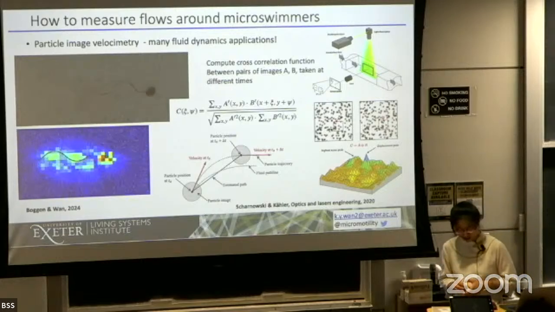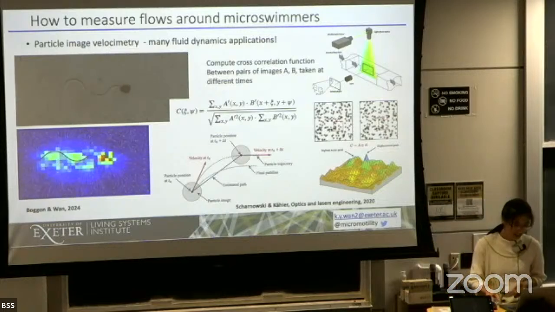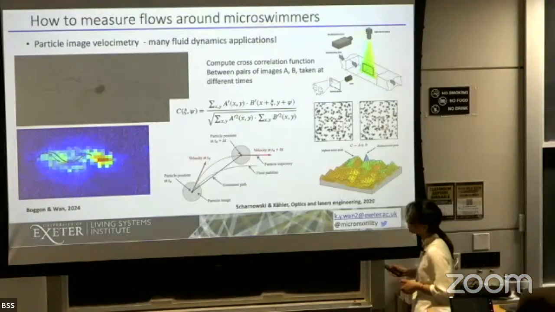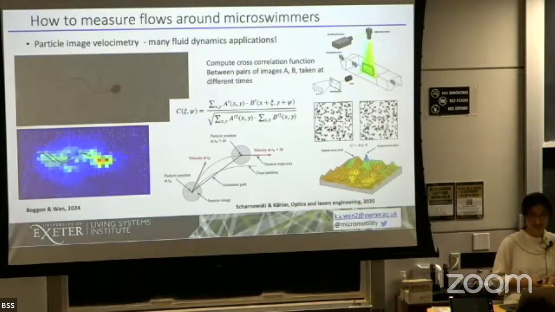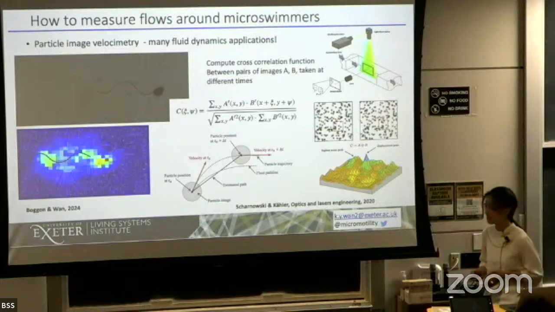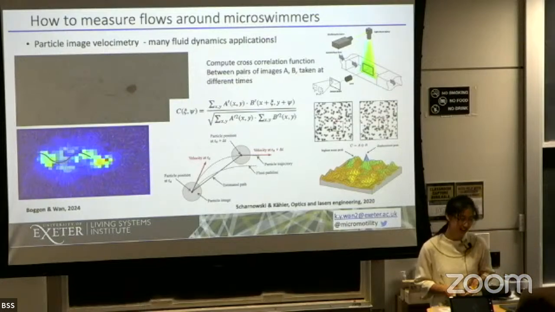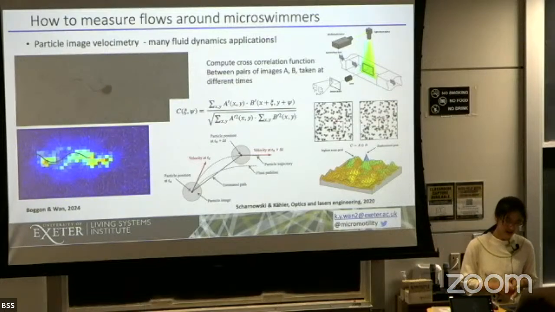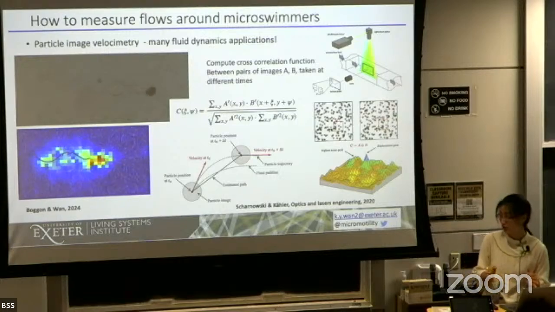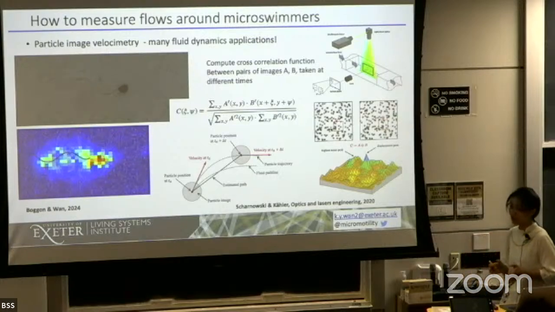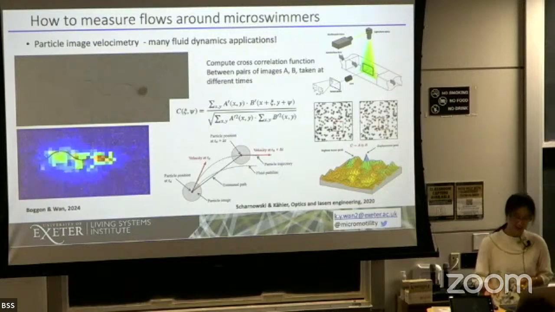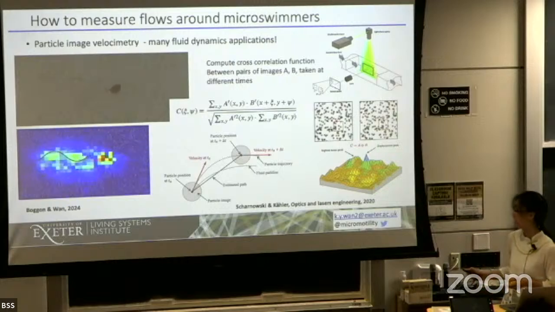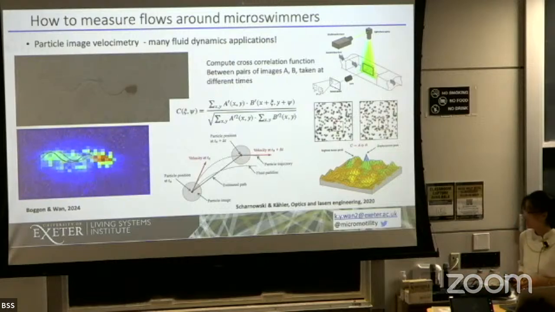I don't know if you can see the particles very well in this video. The particles will move as the flow is generated. If you take the image associated with one moment in time versus a later point in time, you can calculate the correlation between these two images, as illustrated here.